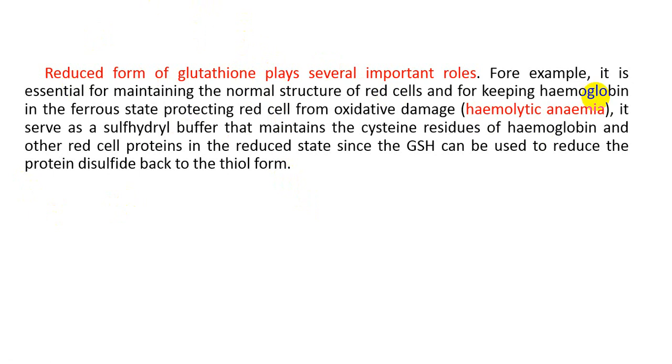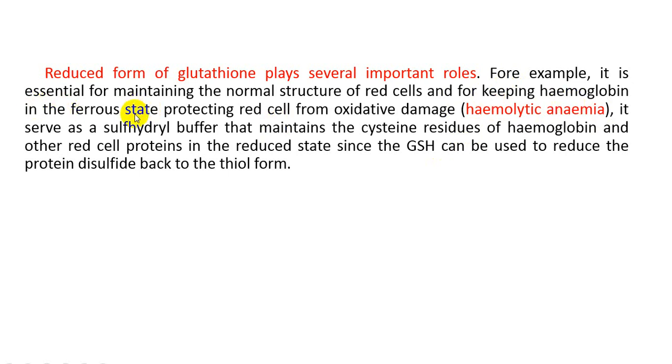More than one function. I'm going to explain three of them. It is essential for maintaining the normal structure of the red cells and for keeping the hemoglobin in the ferrous state, to protect the red cell, or RBC, from hemolytic anemia by keeping the hemoglobin in the ferrous state.